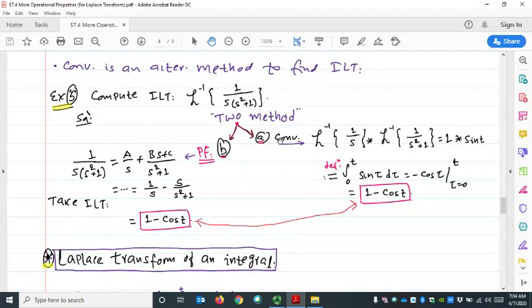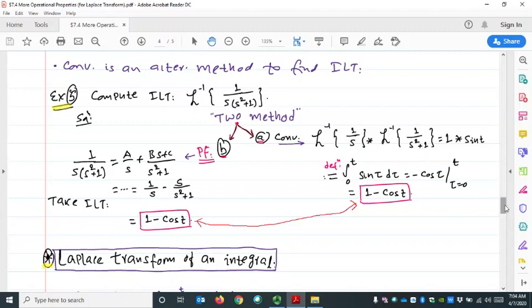So first let's do it using convolutions. Second, let's do it using partial fractions. So first, using convolutions. The inverse Laplace transform of 1 over s times s squared plus 1 is the inverse Laplace transform of 1 over s, convolution, inverse Laplace transform of 1 over s squared plus 1.